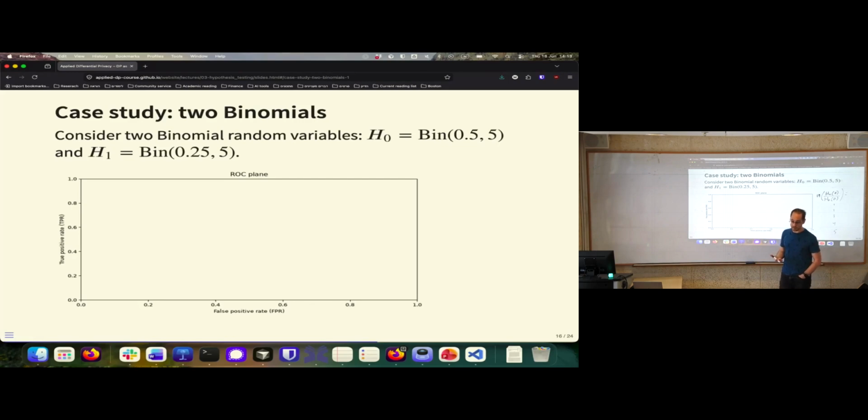The only difference is how you put the powers. So we would have here log of 0.25 to the power of 0 times 0.75 to the power of 5 over 0.5 to the power of 0 times 0.5 to the power of 5.